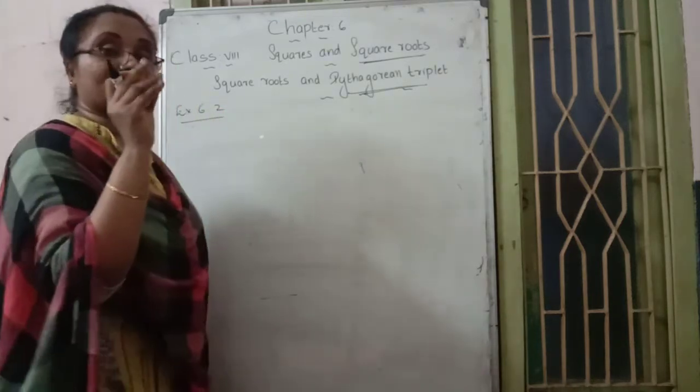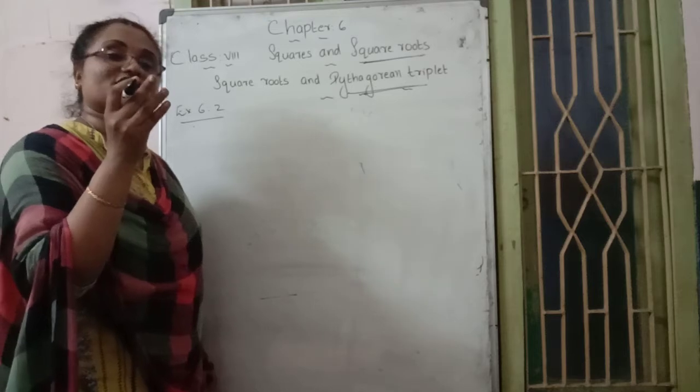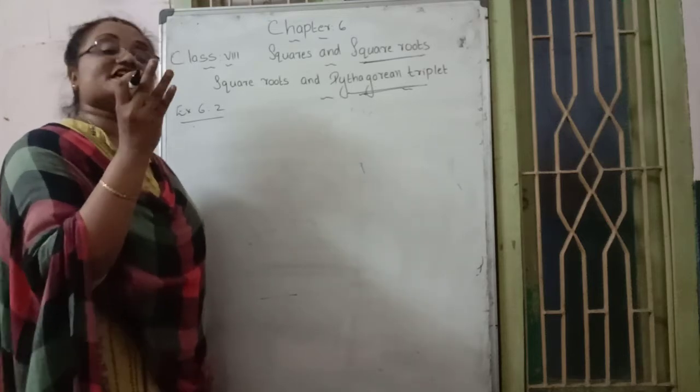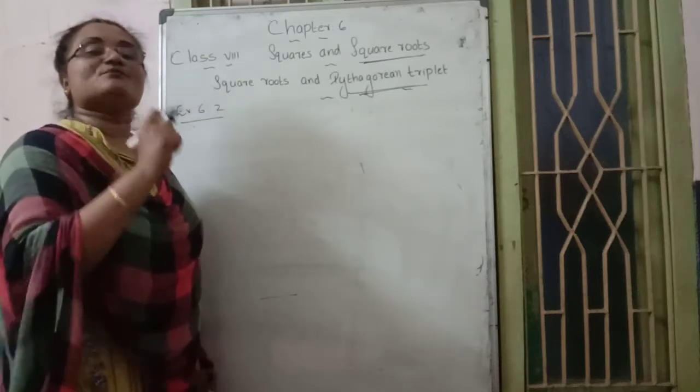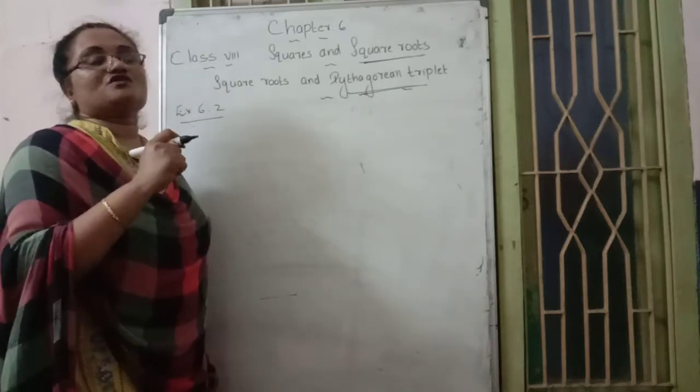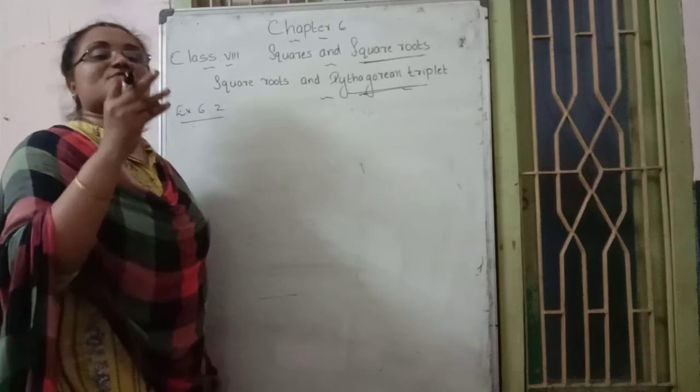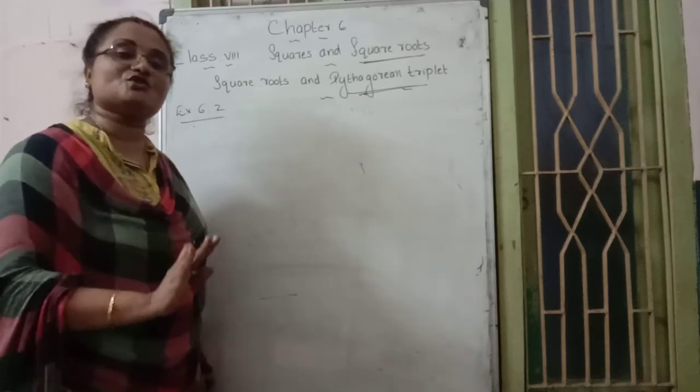Triplet, triple: double means 2, triple means how much? 3. We want to find the next 3 consecutive numbers.